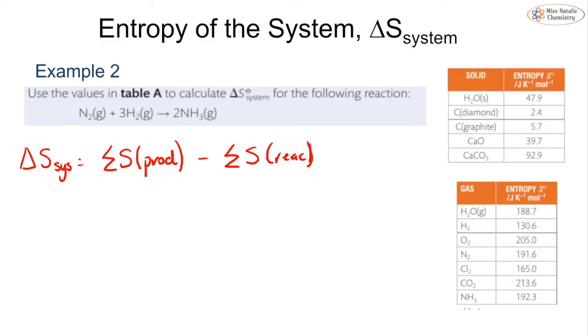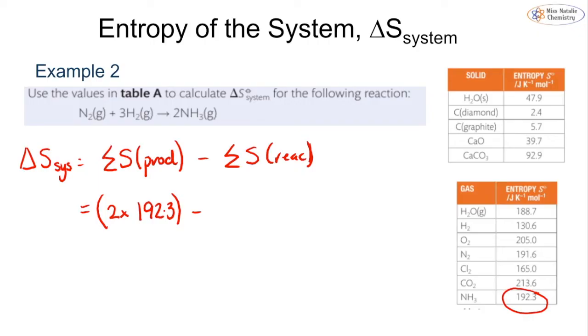reactants. So we're going to have the sum of 2 times our ammonia, which is 192.3, and then subtract that from our reactants.